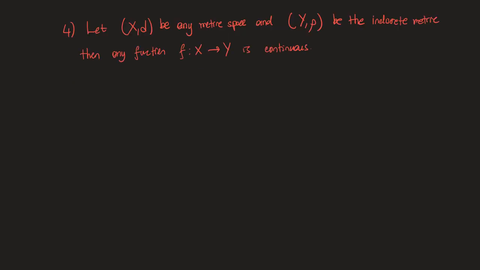So let us try to understand such a question. It is a bit weird because in topology, there is something called the indiscrete topology, which consists of just the empty set and the whole set.